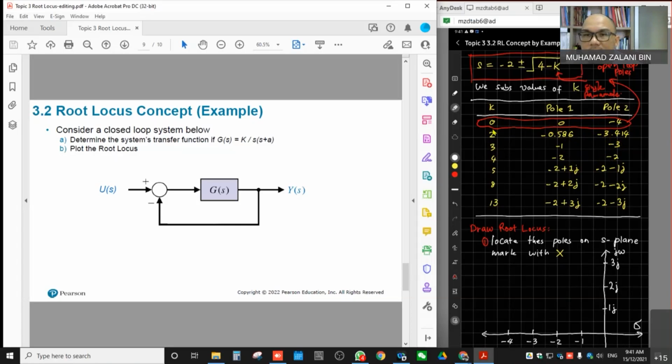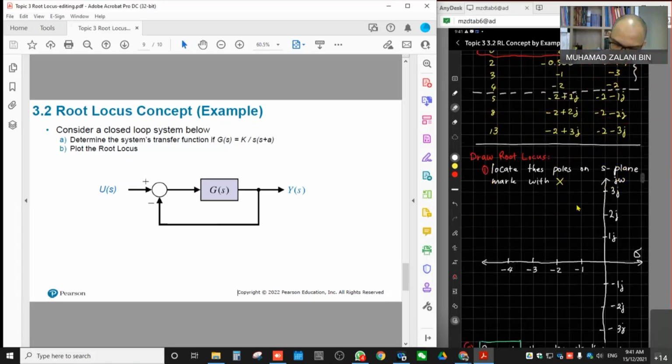So you see that from K equals to 0, 2, 3, and 4 here, all of the pole values are real numbers, with no imaginary part. Pole number 1 and pole number 2 are all real numbers, meaning that the poles exist on the real axis.